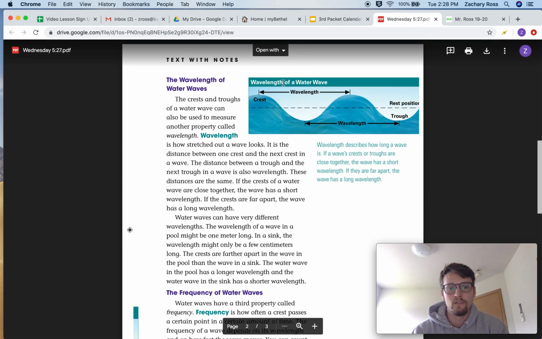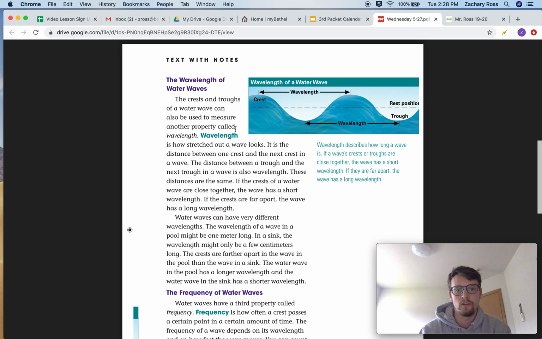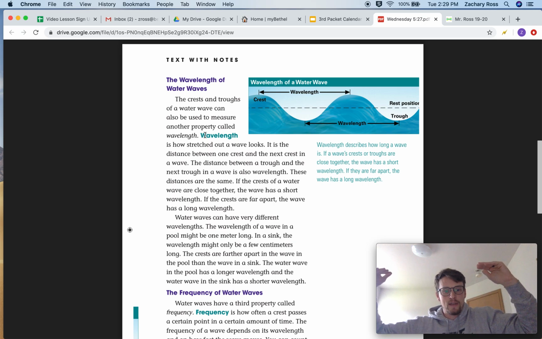The wavelength of water waves. The crests and troughs of a water wave can also be used to measure another property called wavelength. Wavelength is how stretched out a wave looks. It is the distance between one crest and the next crest in a wave.